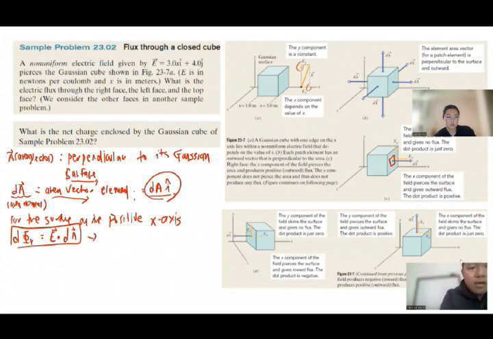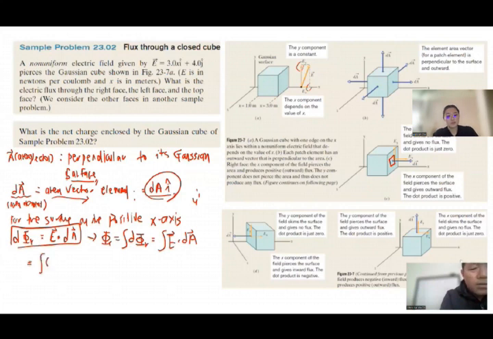So let me rewrite it. The electric flux through the right face is the integral of E dot dA. Now let's replace the electric field and the area vector with their given expressions.